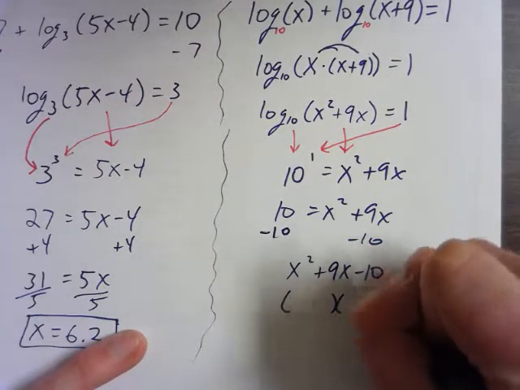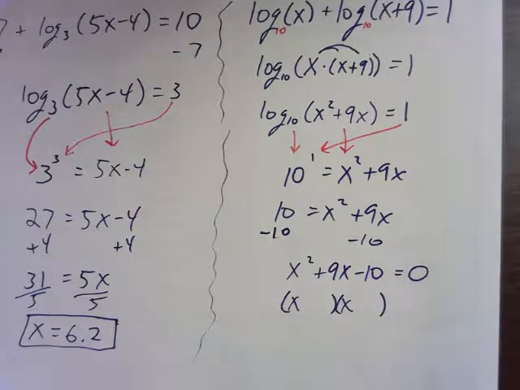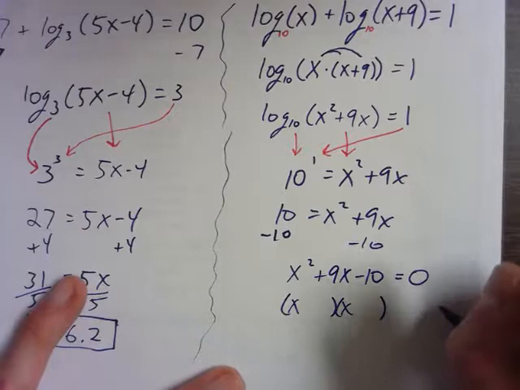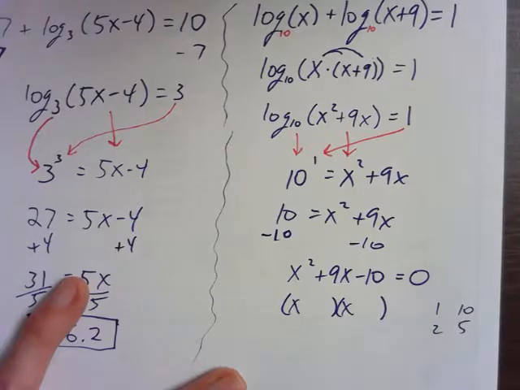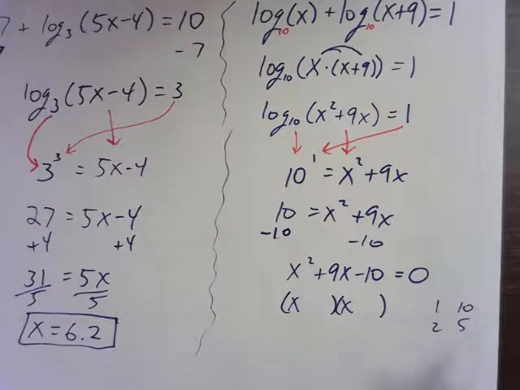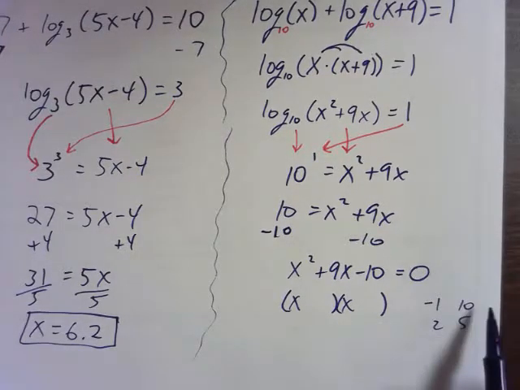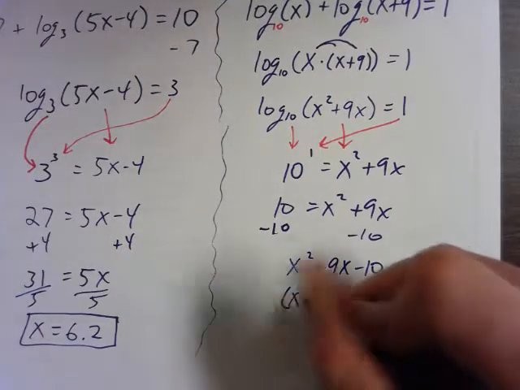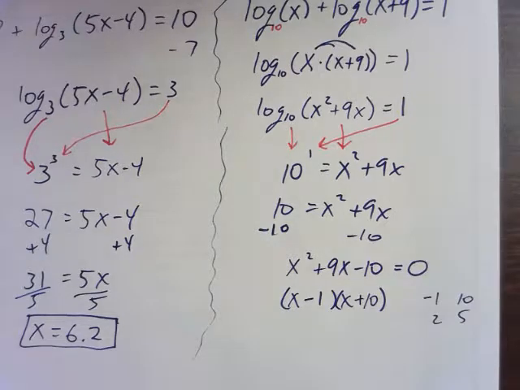To factor something without a lead coefficient, I will look and see what are my factors of -10 that add up to +9. If I think of my factors of 10, I have 1 and 10 and 2 and 5. And one of these will have to be negative, since I have a negative constant at the end. So I think 10 times -1 is -10, and +10 minus 1 is +9. So I have x minus 1, and I have x plus 10.